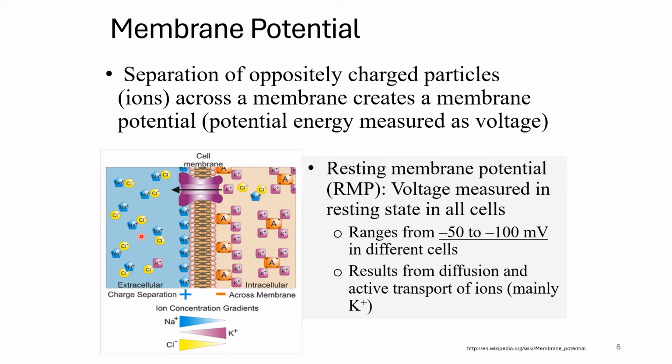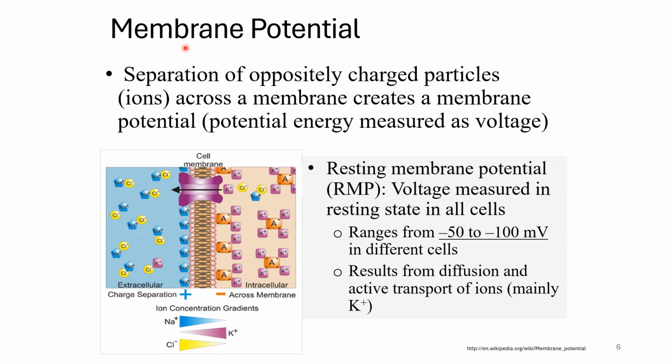So the same thing. This cell membrane is separating these two compartments, this compartment from that compartment, and these ions cannot cross this plasma membrane. They can only cross if there is a channel to allow them to do so.